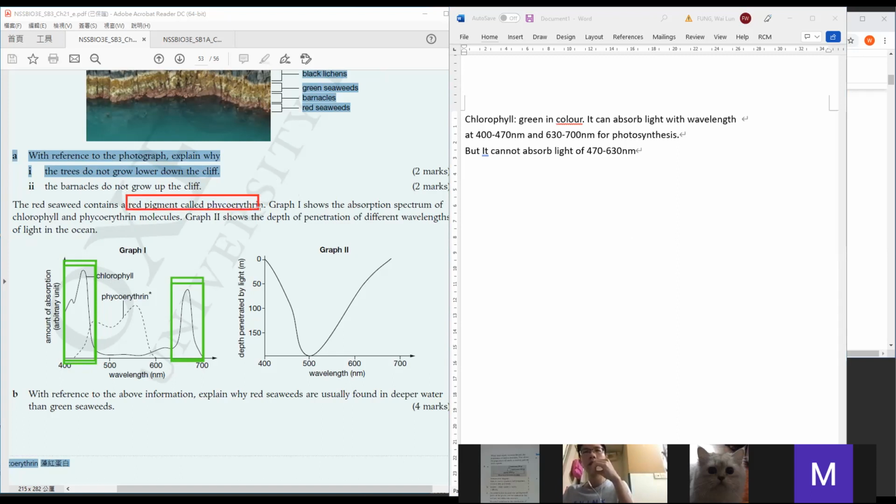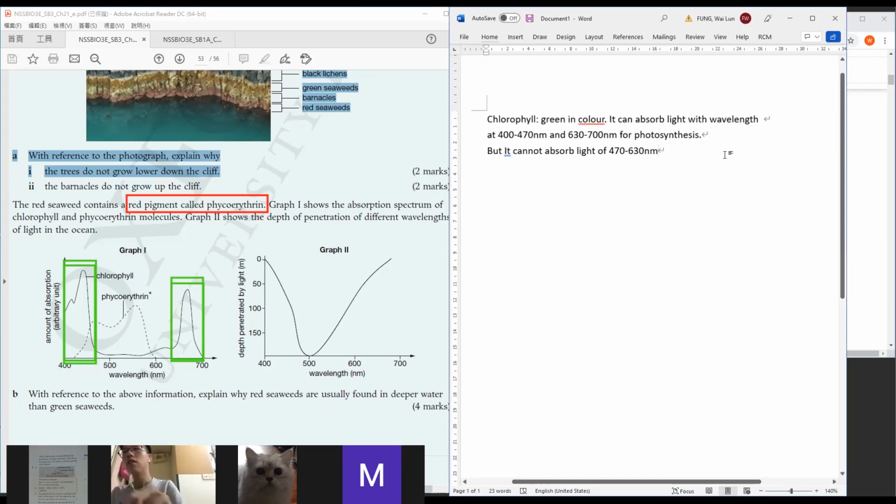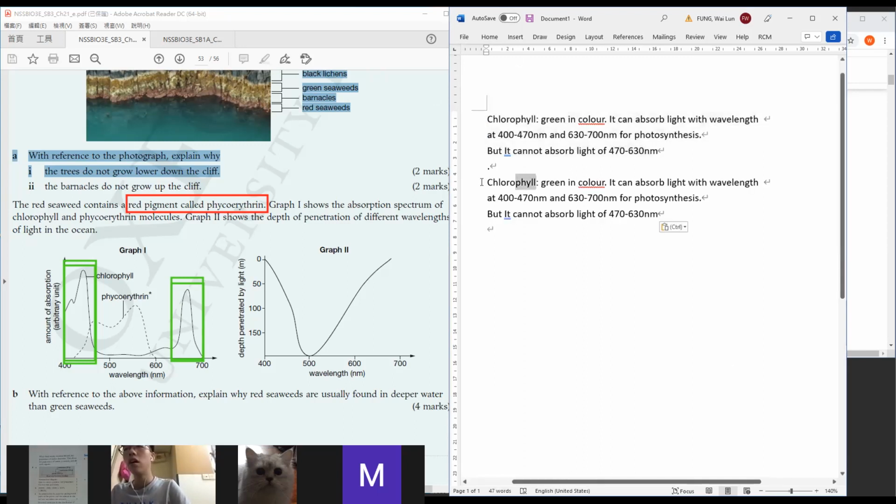It is called phycoerythrin. Phycoerythrin is red in color.